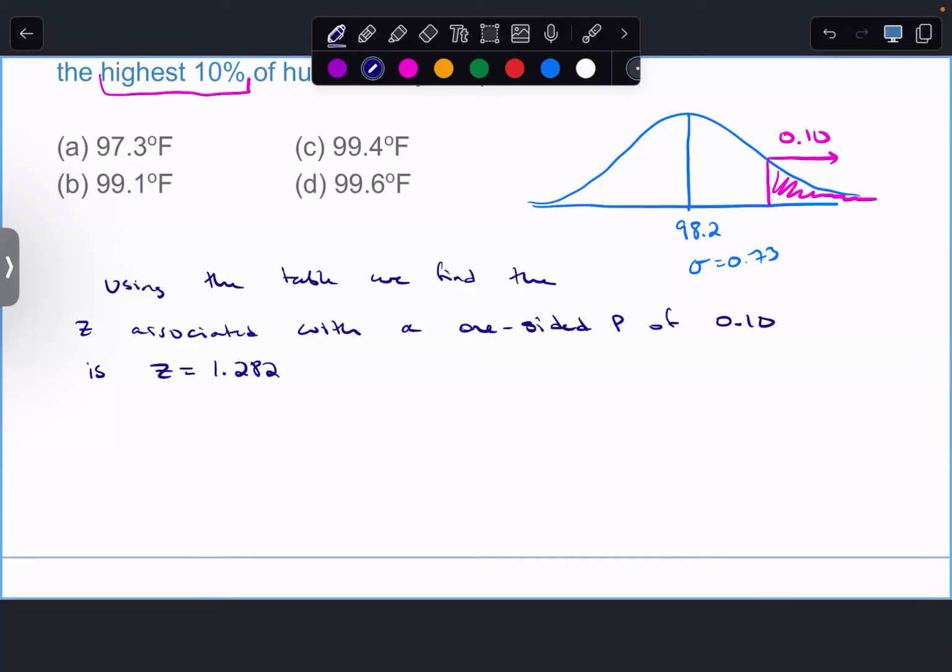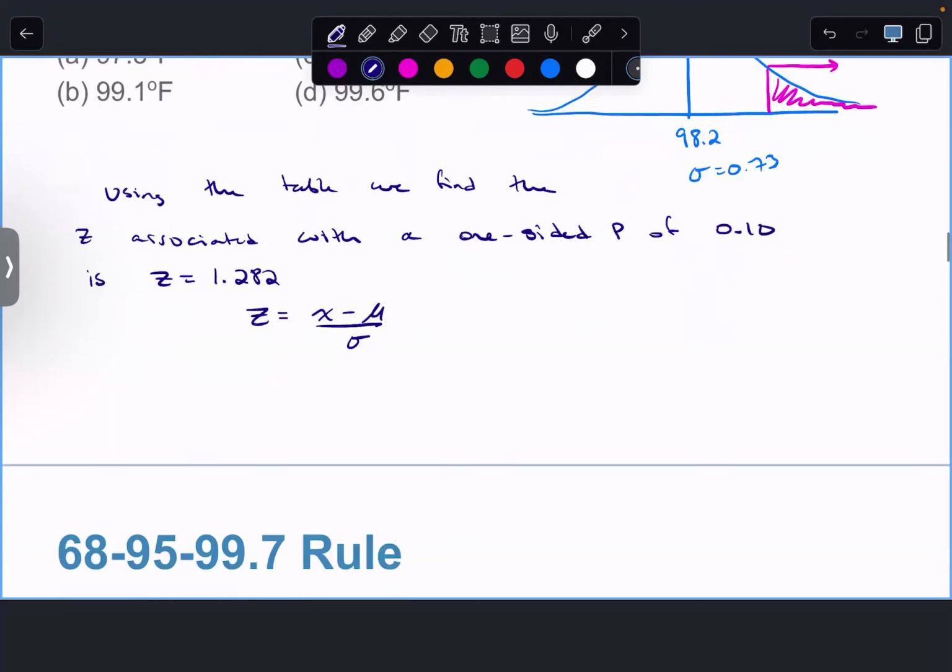Good. So then, which formula should we use? I'll use the first one, x minus mu over sigma. 1.282 is x minus mu, which is 98.2, divided by 0.73.